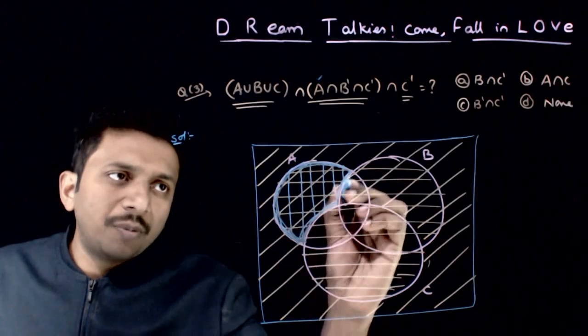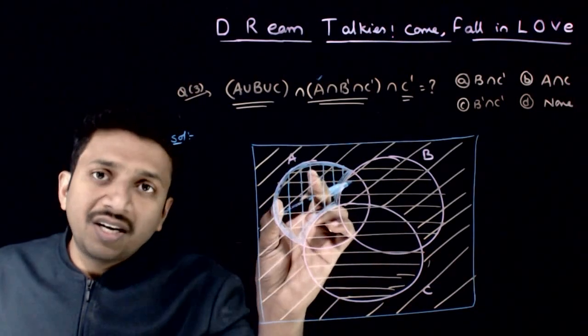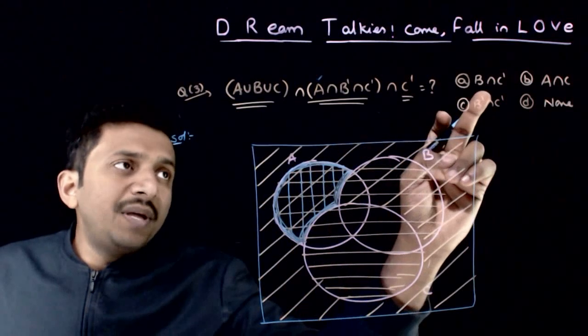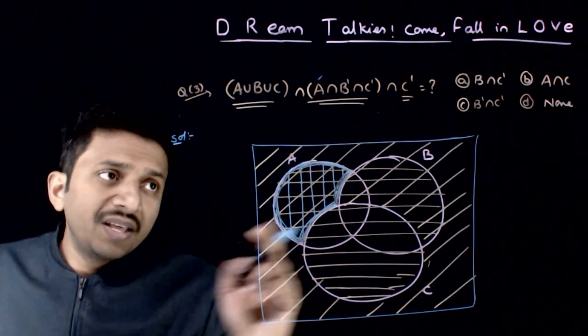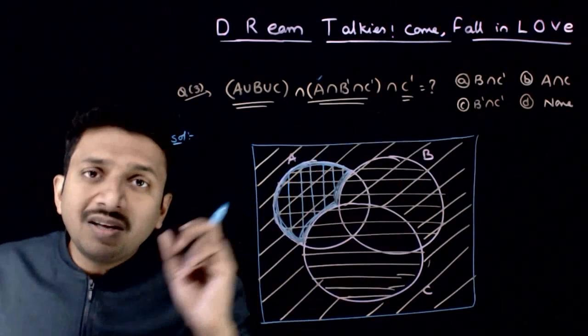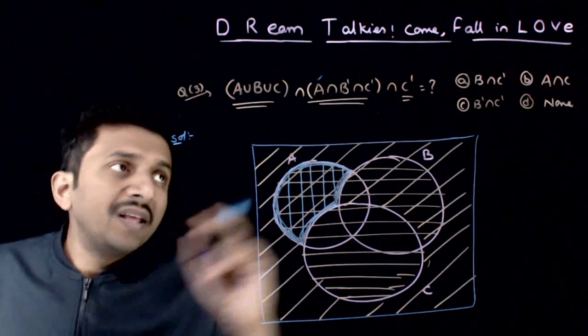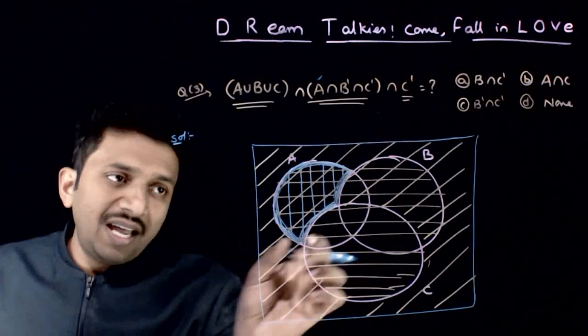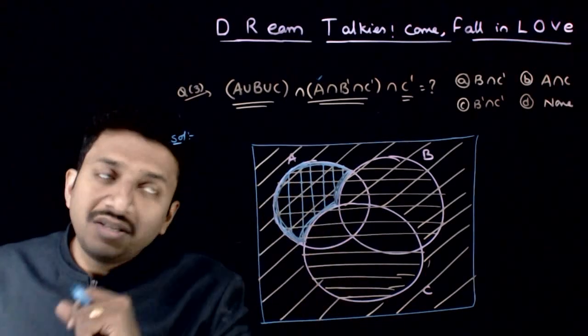So let us go to the options and see which region corresponds to this. B intersection C dash is elements in B but not in C. No. A intersection C is this region, not this region.